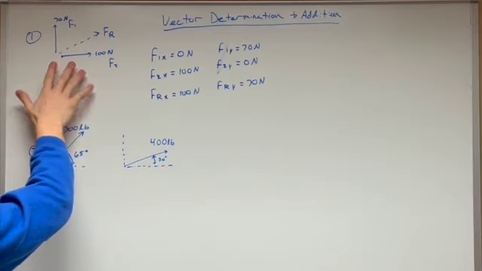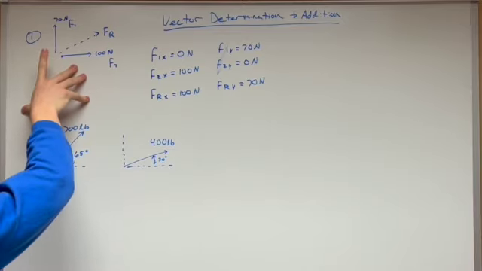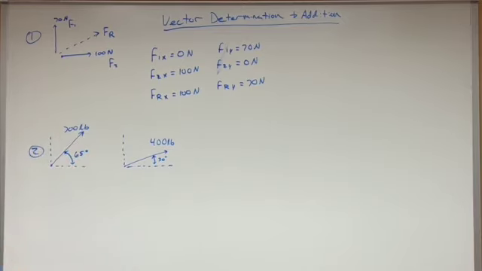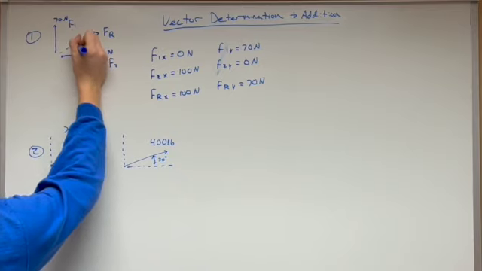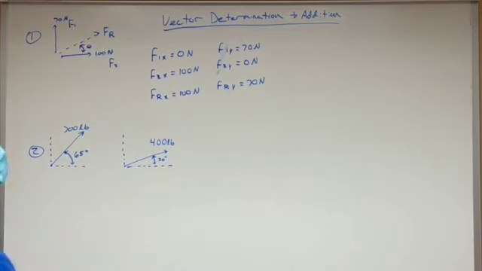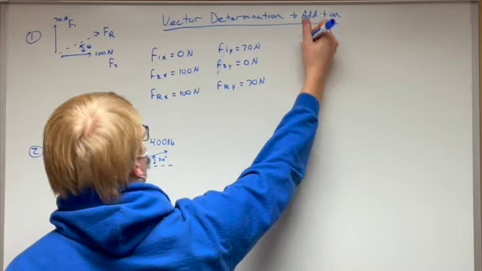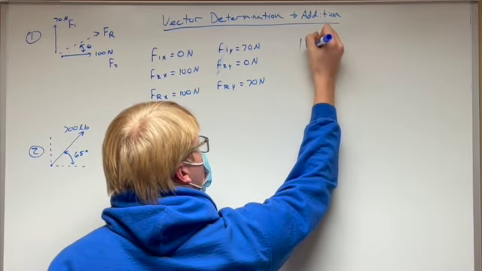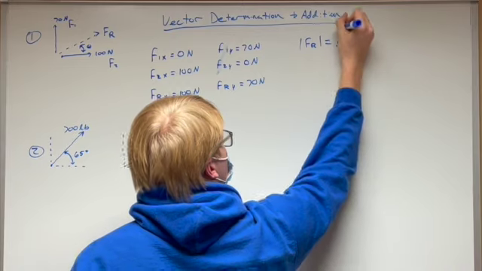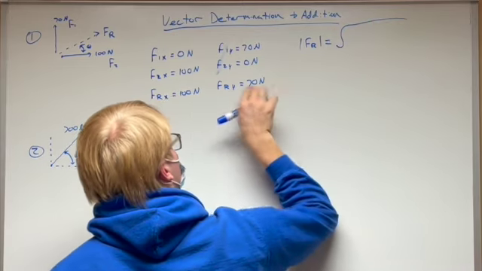What we're looking for here is the magnitude and the direction, this angle of FR. So to find the magnitude of FR, you take the square root of these two numbers squared.